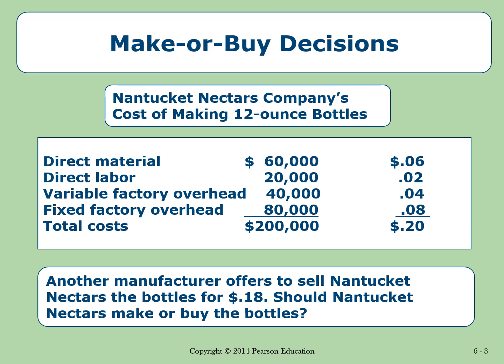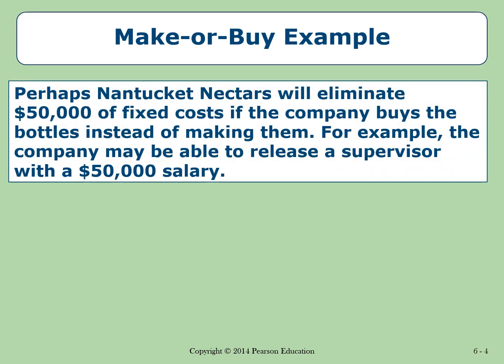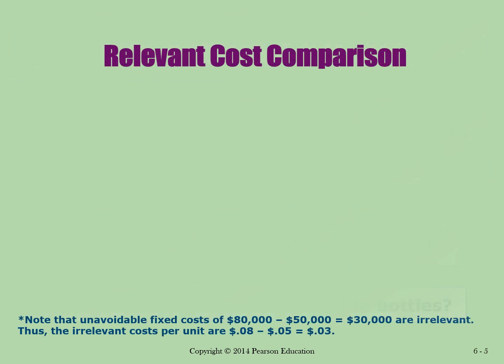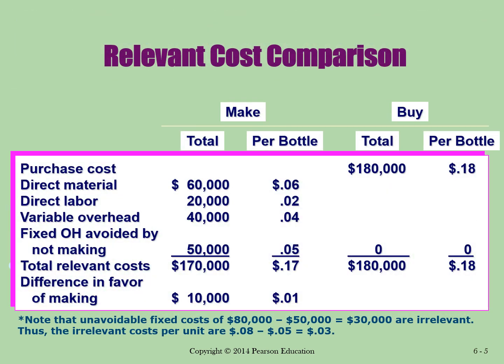So according to the analysis provided, if we analyze our own information, we can find that the purchase cost is going to be $180,000, and the per unit cost is going to be $0.18 per bottle.